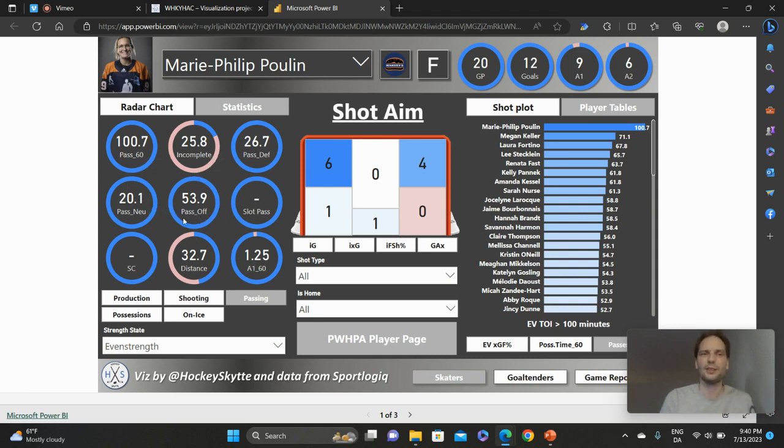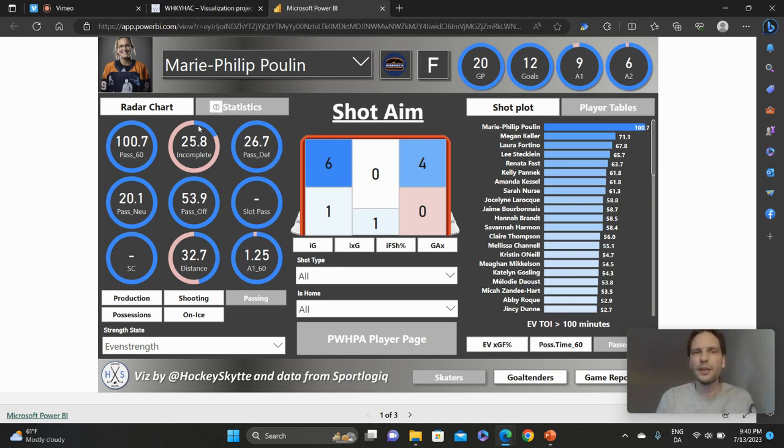She's literally ranked number 1 in all of those categories. Her passing distance is 32.7 yards on average, which is not long passes, not short passes. It's right in the middle, more or less.